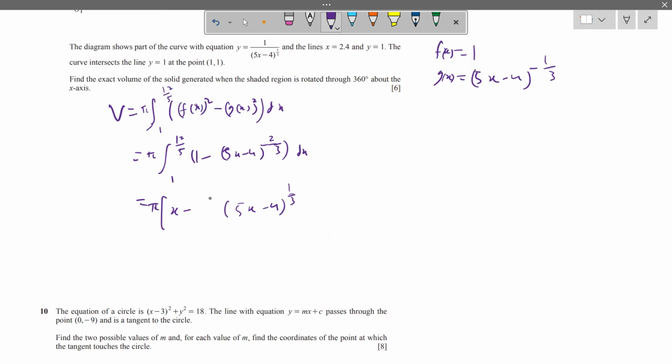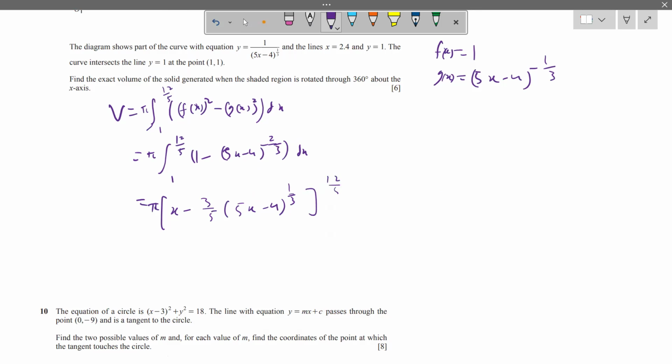So here in front of this, you have 3 over 5. The 5 comes from 1 divided by the derivative of the inside function here, and 3 is because if you were to differentiate this to the power of 1/3, you will get 1/3 times this to the power of negative 1 over 3. So that's what you have to do to balance it.